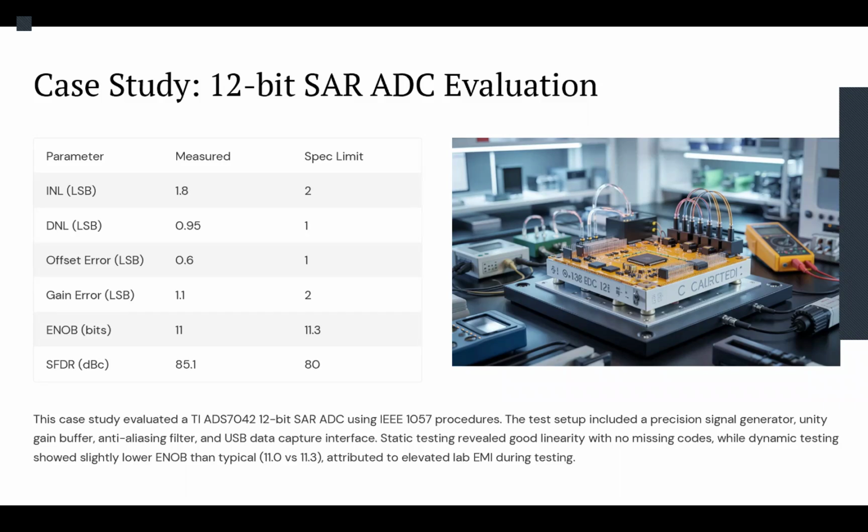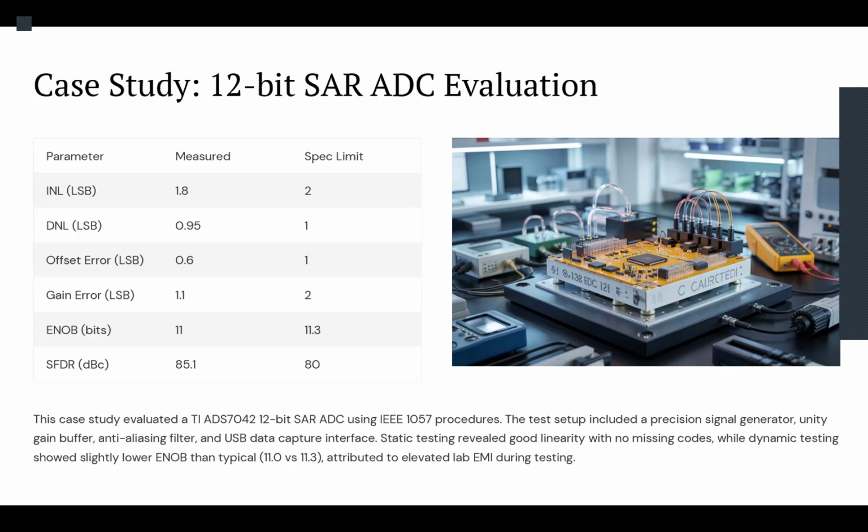So when we have 11 bits, and the typical value is 11.3, it tells us that this specific ADC behaves closely like an ideal one, but differs slightly from the ideal case.